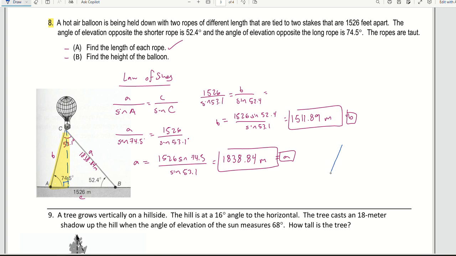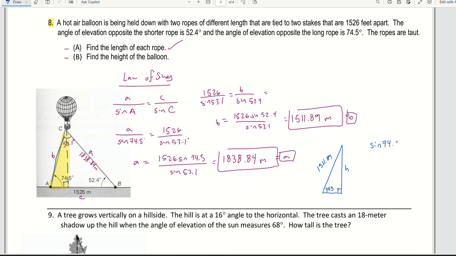So let me just redraw that triangle over here. We are looking for the height. We know that this is a right angle. This is 74.5. We now know that this length right there is 1511.89.